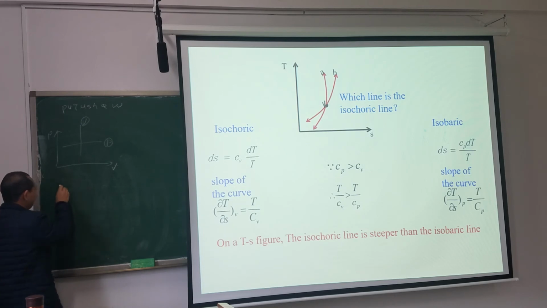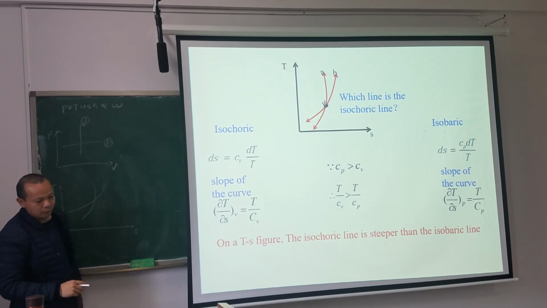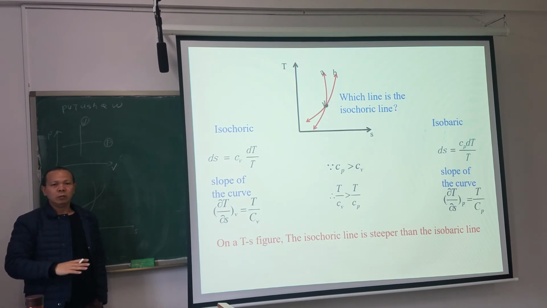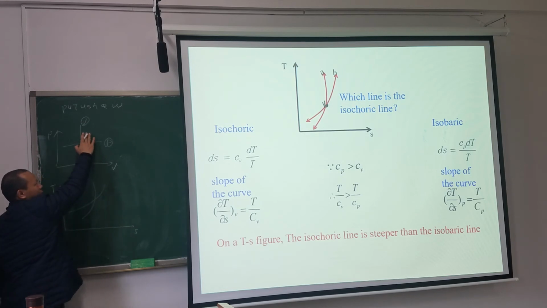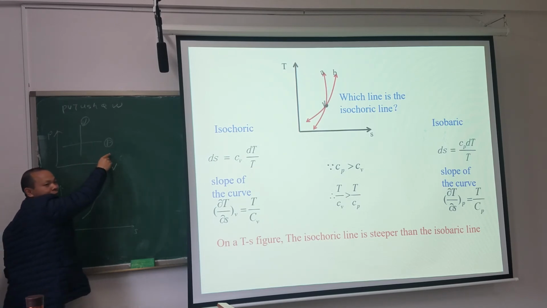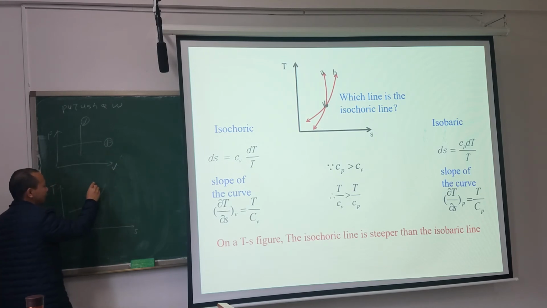And then at the same time, we can draw it on the TS figure. We can draw two lines. It is a little hard for us to remember which one is the constant volume and which one is the constant pressure. On this figure, which line is deeper? V is much deeper than P, yes?